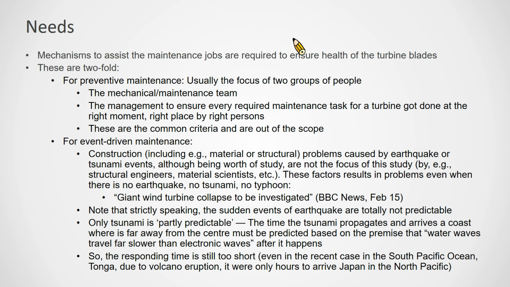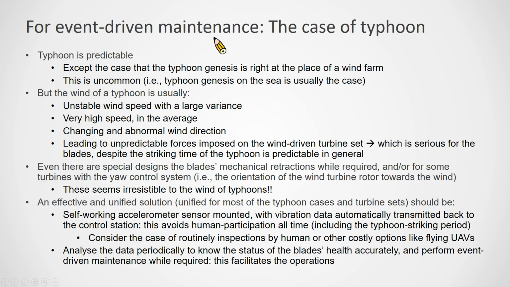If it is an earthquake, it is totally unpredictable. And if it is a tsunami, then it is just partly predictable. And this tells us that we have almost no way to do with earthquake and tsunami.